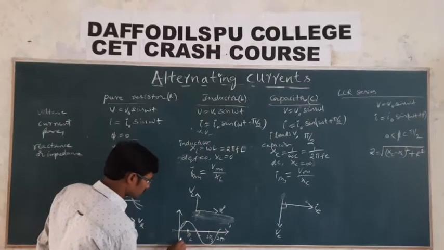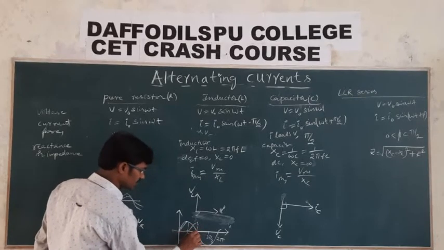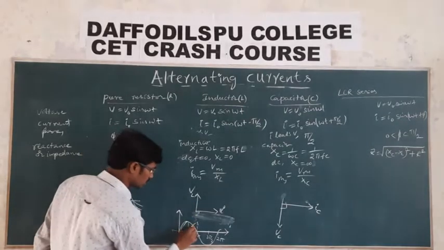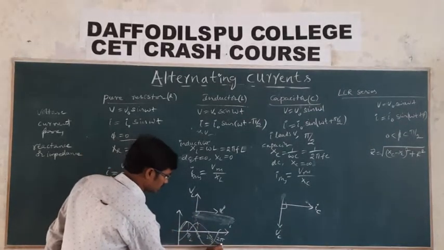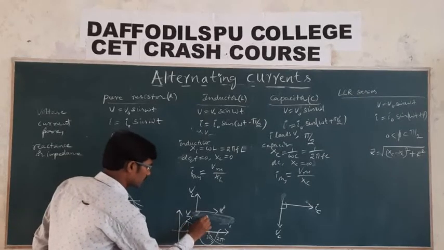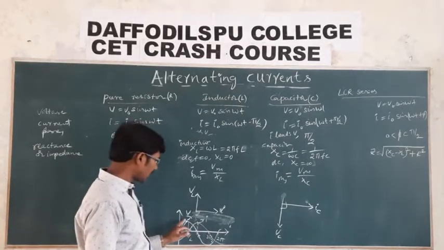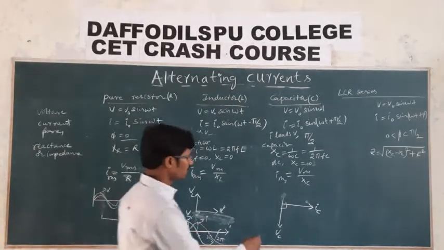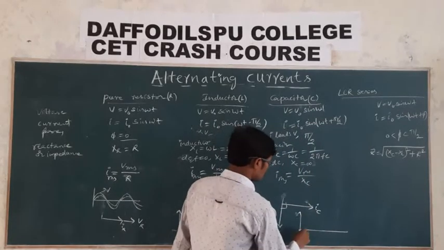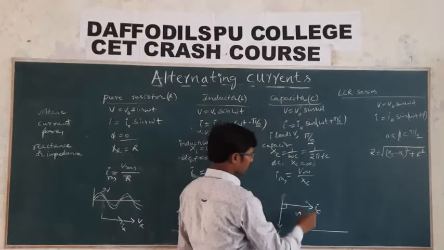Then what is for this one? Like we have the crest part, the difference between not only crest, any part. Now this is voltage, this is current. Now voltage is leading the current by pi by 2. Current is lagging behind the voltage. Similarly you can draw this also, where current is leading, voltage is lagging.